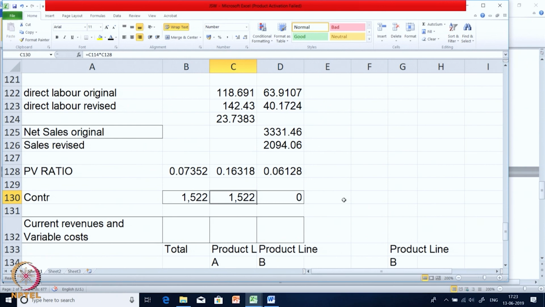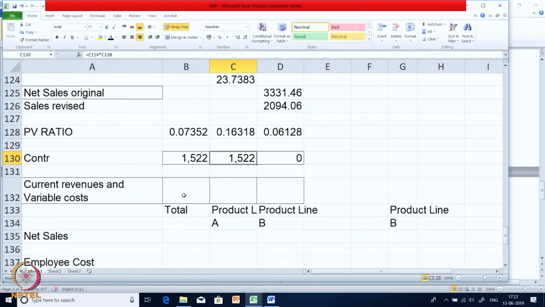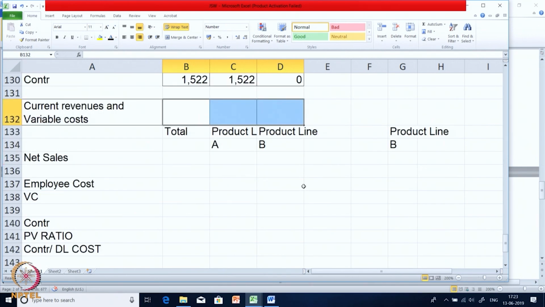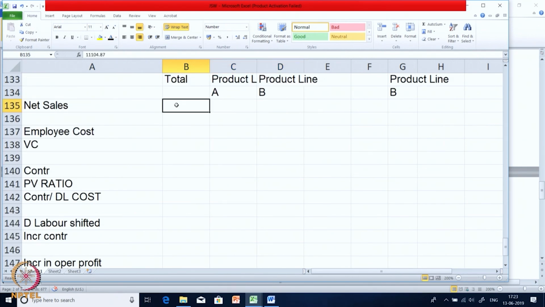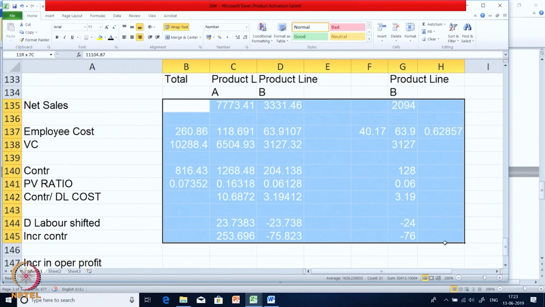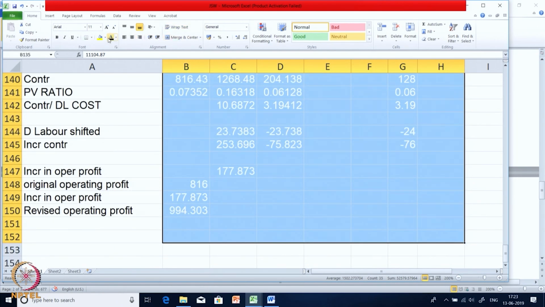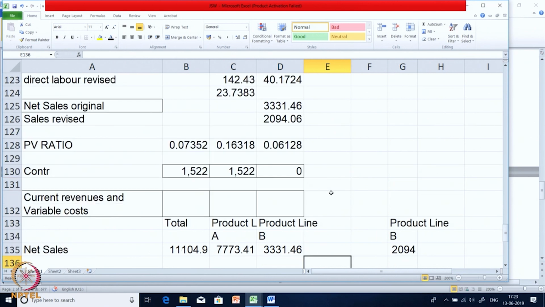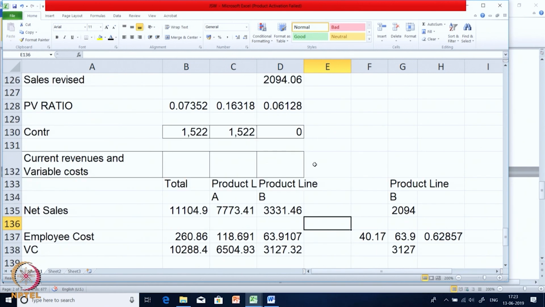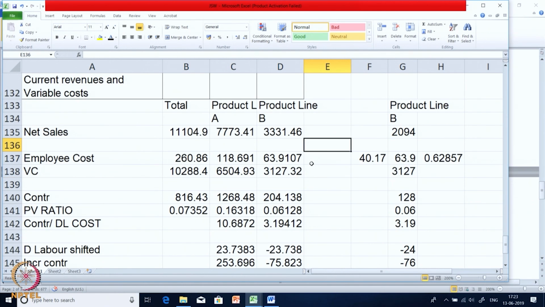For those of you who want more clarification, this was done in a shortcut way. If you want to see the full calculation, that has also been shown.